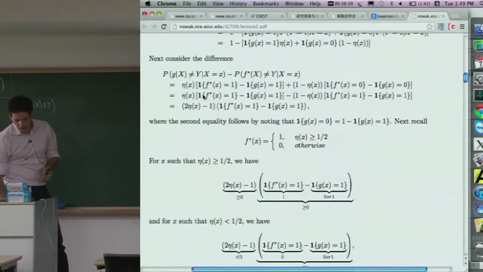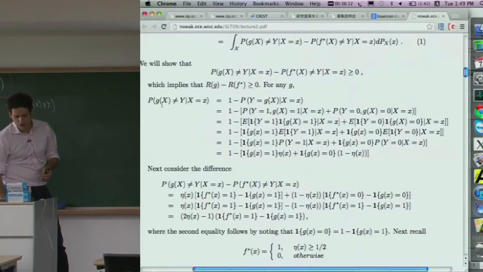So now we have computed this quantity just for one function g. We can take the difference for g and for f star. F star is fB, the Bayes classifier.